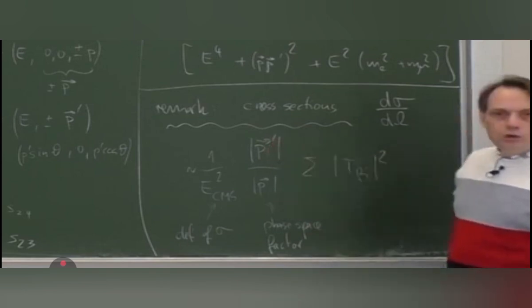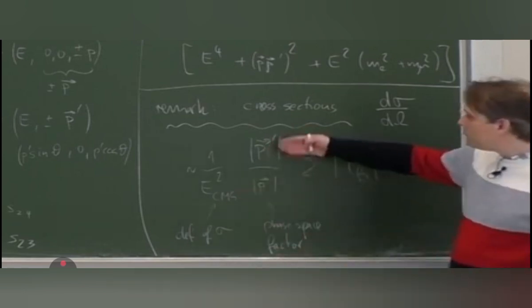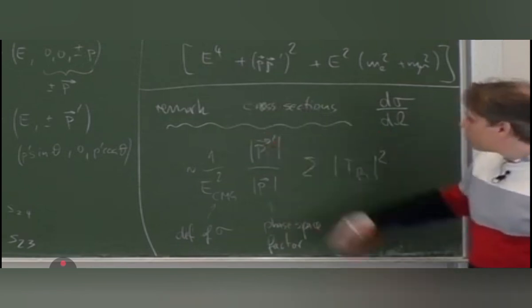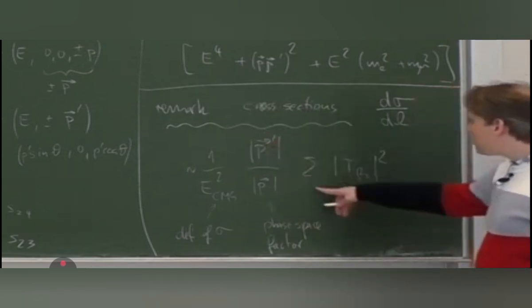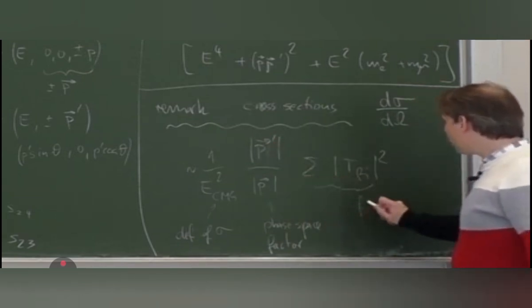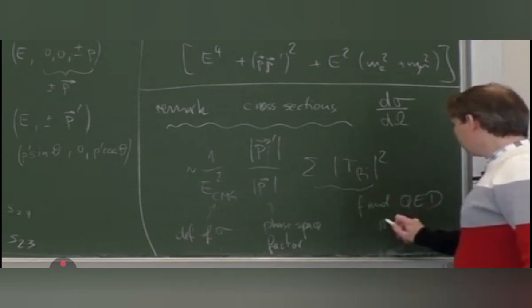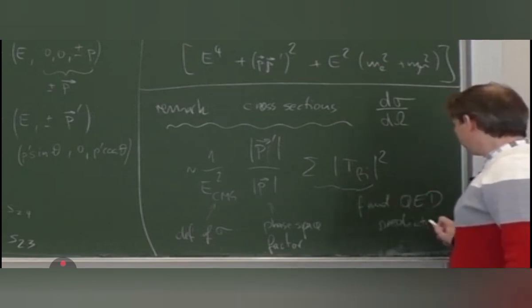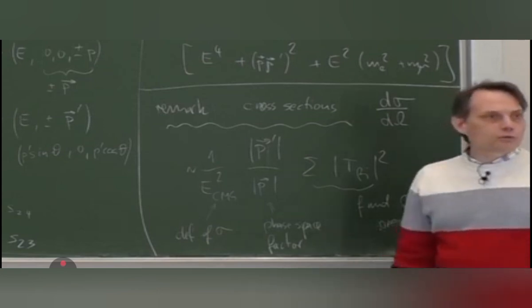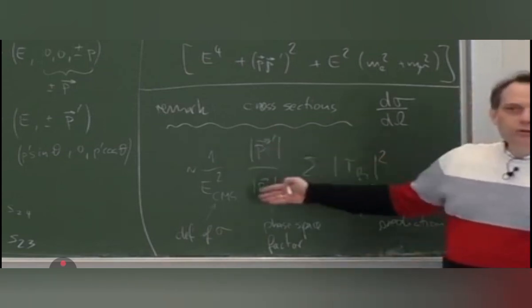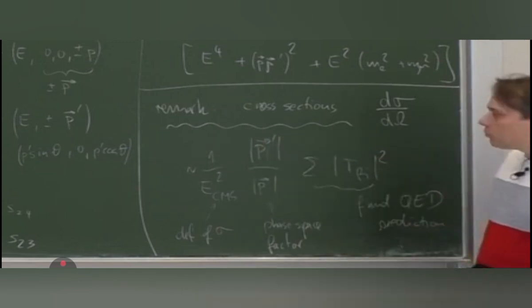However, if the final state momentum is very big, you have a lot of phase space available, and then of course this factor increases. And that is the fundamental QED prediction, which we are of course particularly interested in, but of course for the physical comparison, those factors here matter as well.